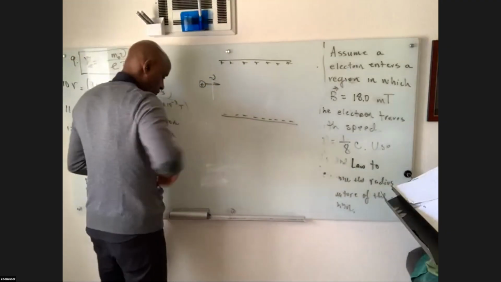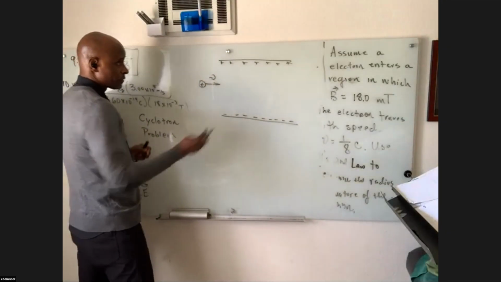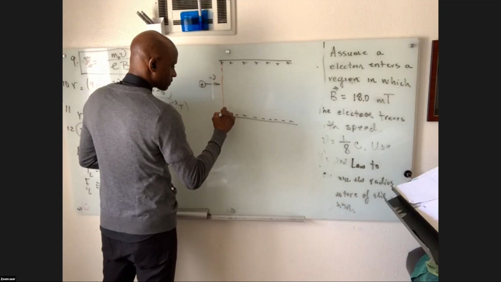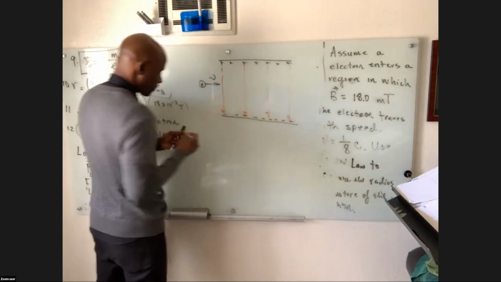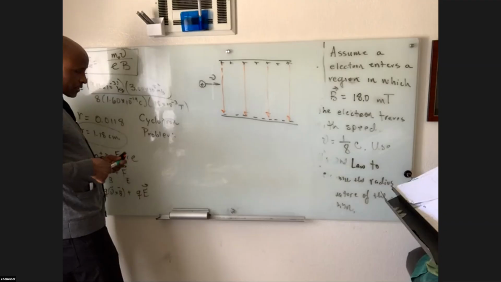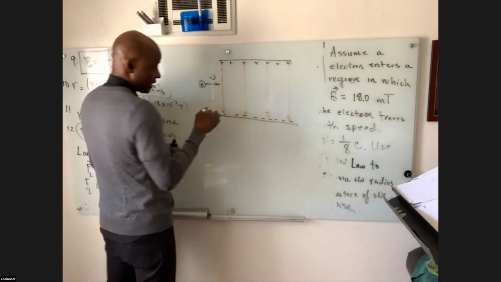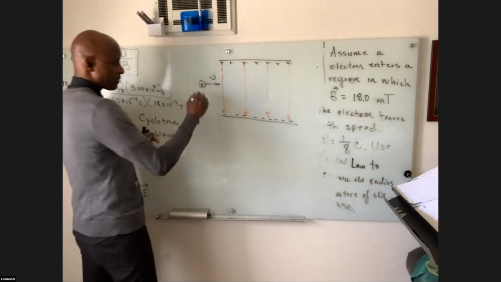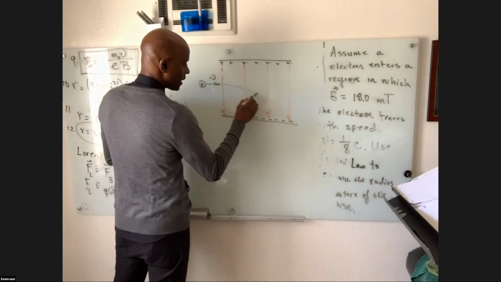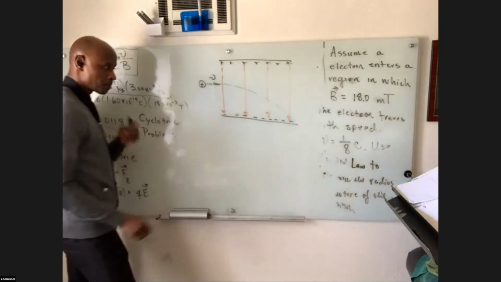Parabolic. Yeah, parabolic motion. If there's no field on, it just goes straight through. But if we draw a field pointing down, it's going to be parabolic. The particle will curve. This is the motion I was talking about: constant motion in the horizontal direction, accelerated motion down, so you get a curved path.